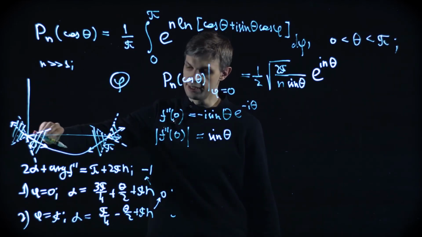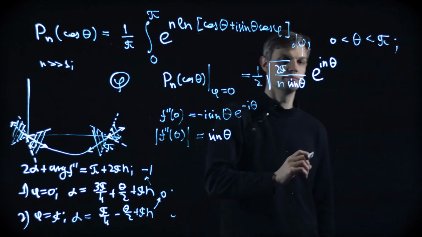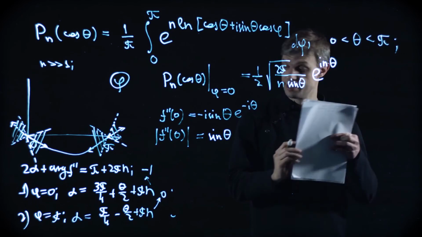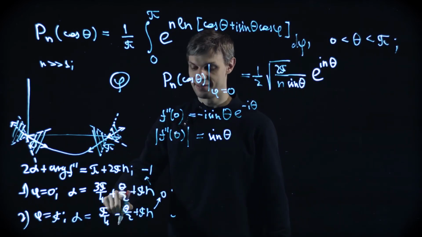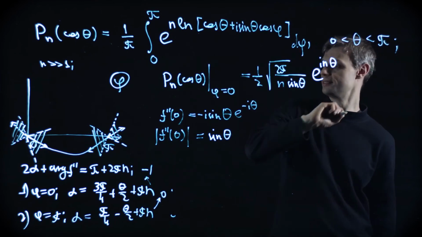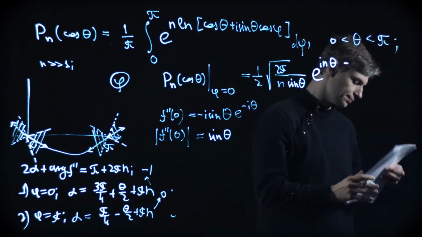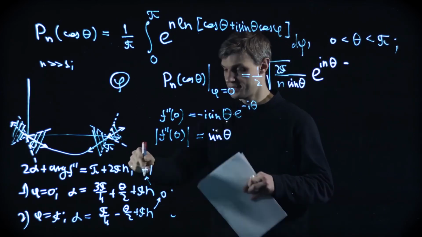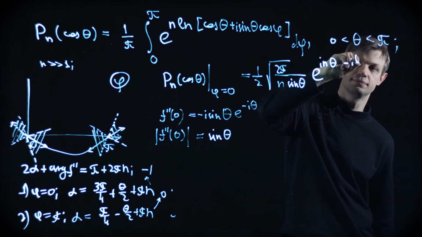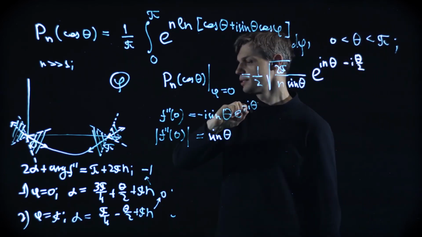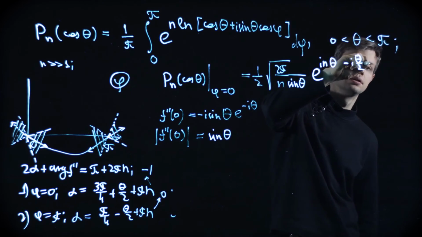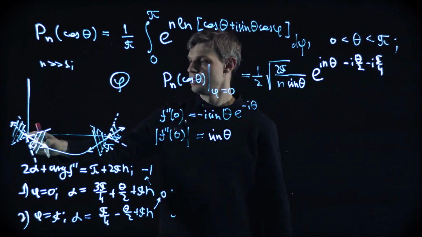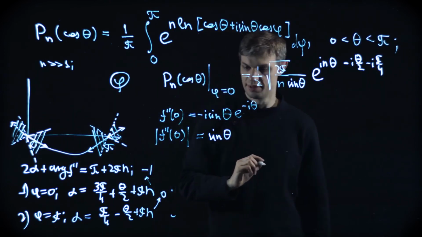It's minus pi by 4 plus theta over 2, of course. So it's plus theta over 2 and minus i pi by 4. So this is the contribution from this saddle, the left one.